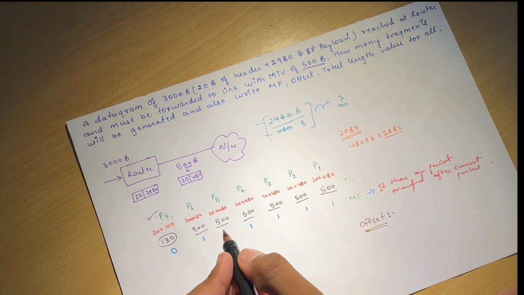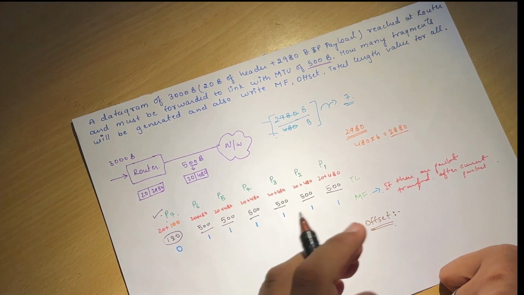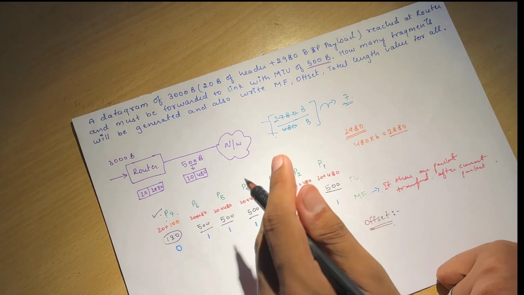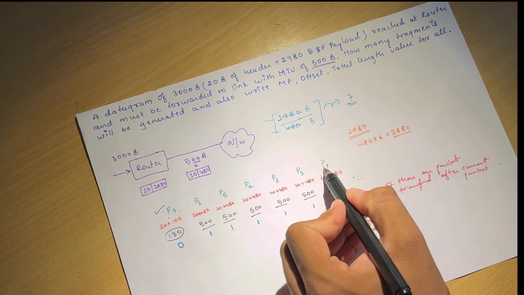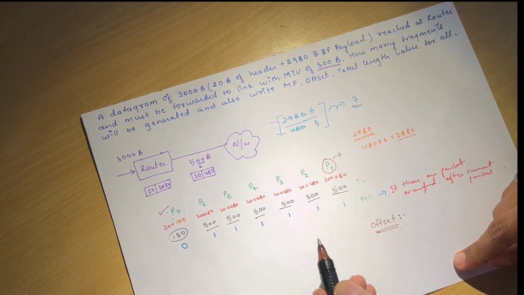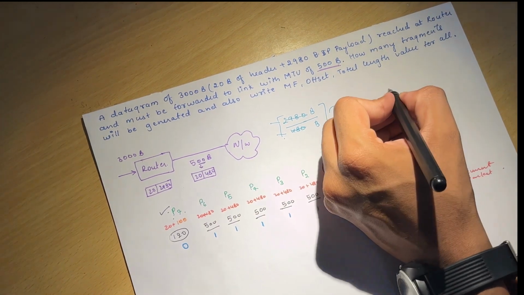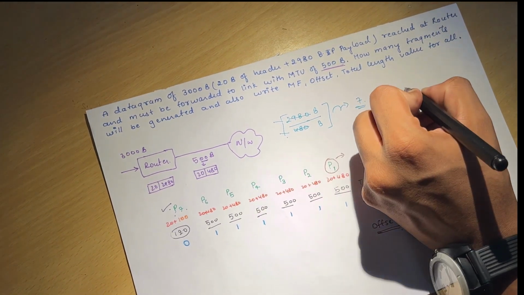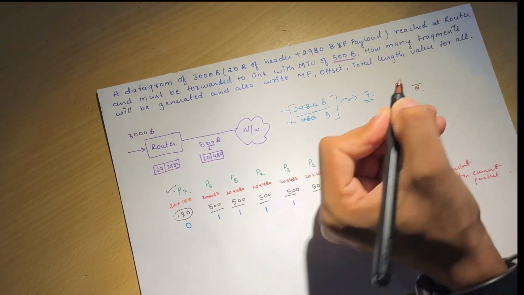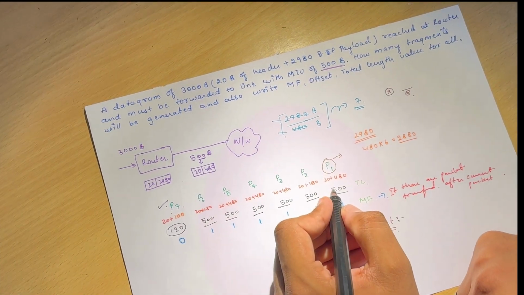In offset we will discuss how many data bytes are transferred ahead of the packet. For example, if we see P1, how many bytes were sent before P1, that we will consider in offset. And one more point to remember about offset is that it is divided by 8. To get a better understanding of this, we will go ahead with this.